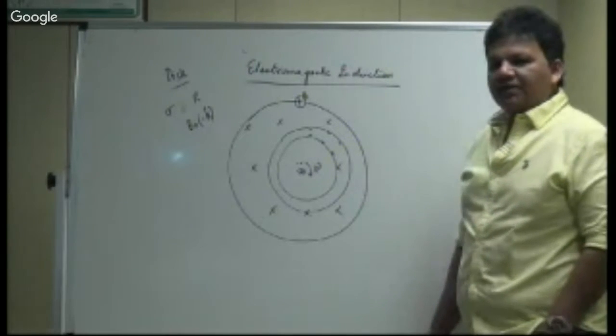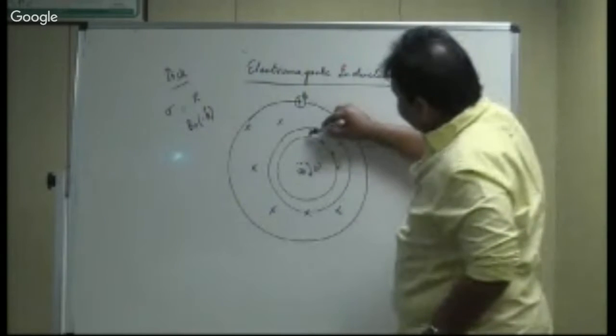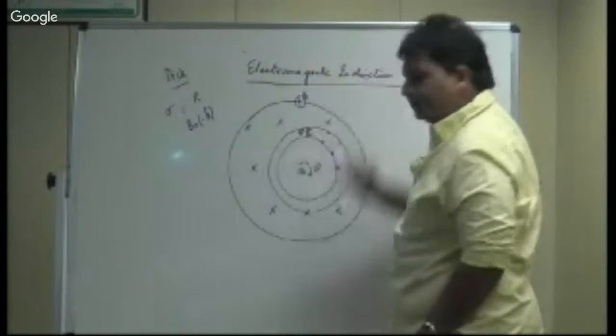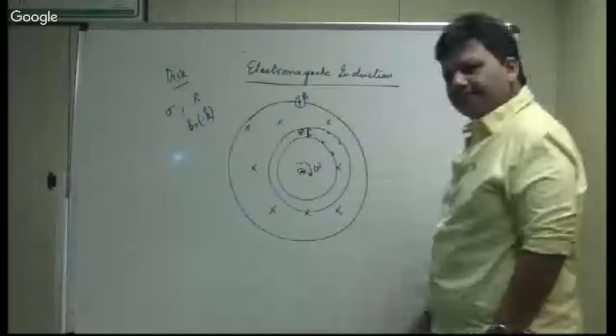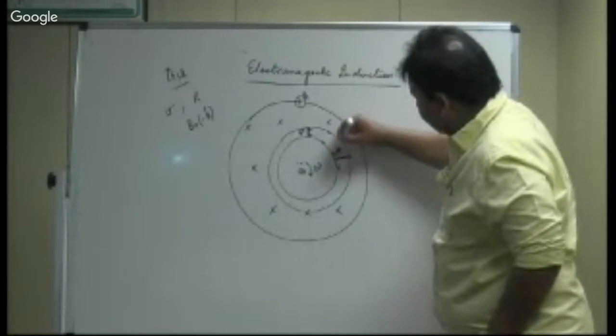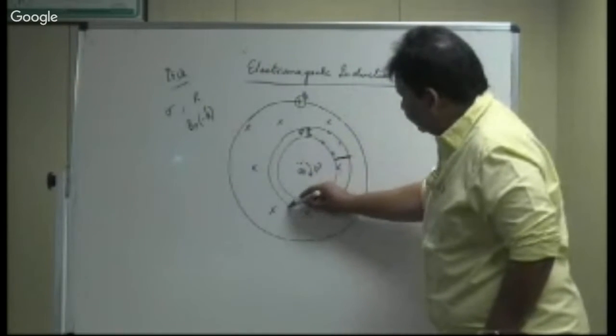So this situation is something like this, that if I take a small element of length dx, as similarly I can have a small element here, so I'll have multiple elements here.